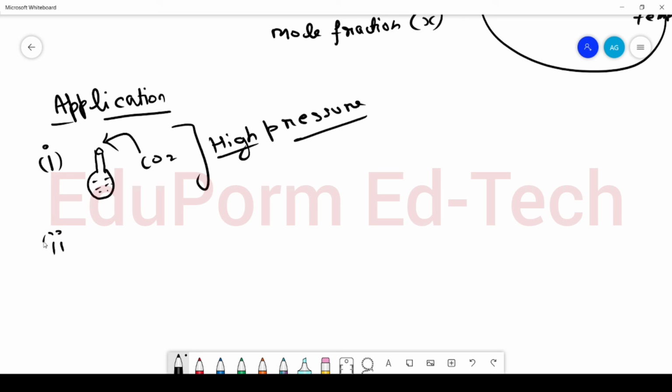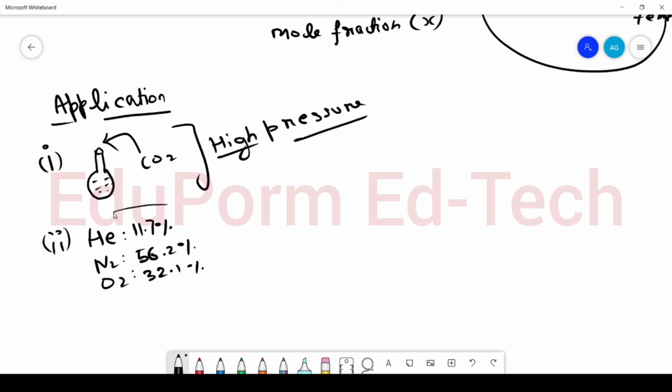The second application of Henry's law is scuba diving equipment. That means the scuba diving cylinder in which oxygen is filled. The oxygen is filled with other gases such as helium and nitrogen, and oxygen is obviously present. So the helium is present at 11.7% concentration, while nitrogen is present at 56.2%, and the rest, 32.1%, is our oxygen.